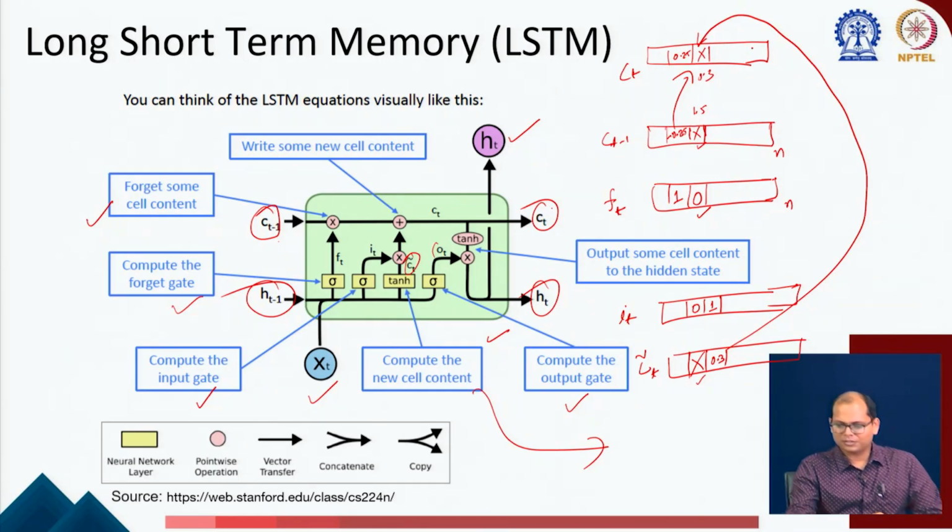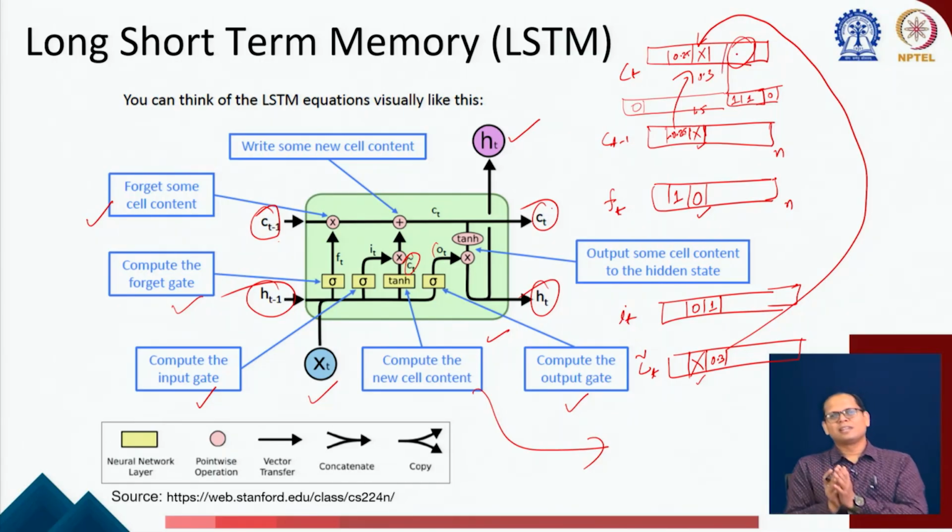These dimensions are important for my output. So OT will be 1 for these and 0 otherwise. So it will control that I will take these dimensions and use that to compute my HT, the next state.